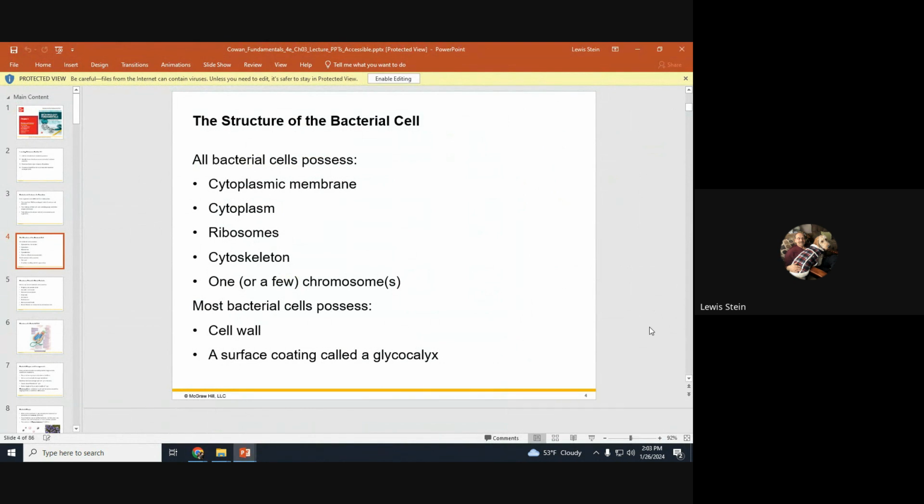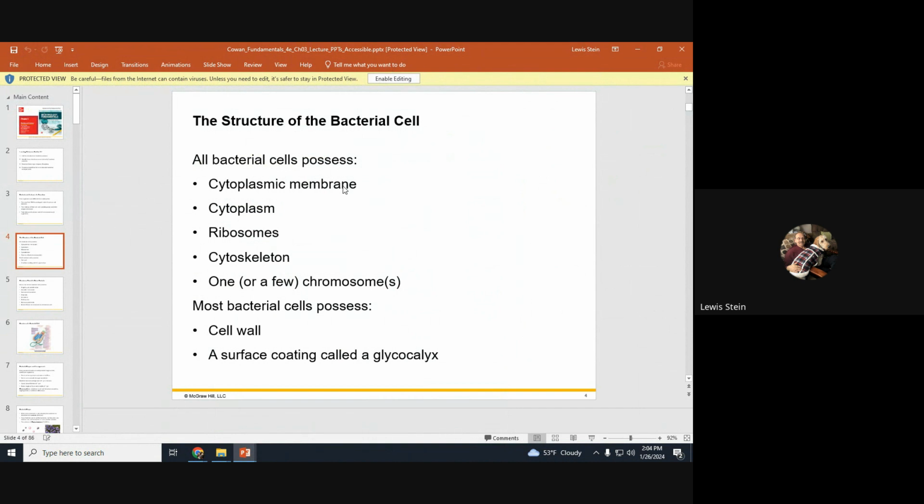So this is the textbook PowerPoint sequence that we're using here. So what do they have? All living things have a cytoplasmic membrane. It's a gatekeeper. Things go in and things go out. The really important idea of this membrane, it's not separate and distinct.